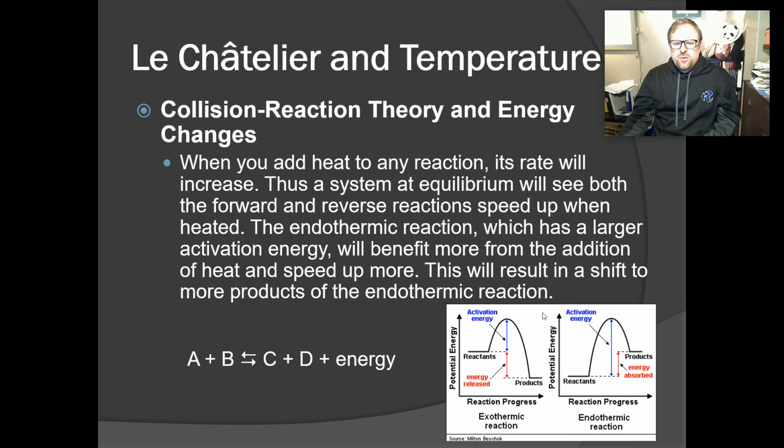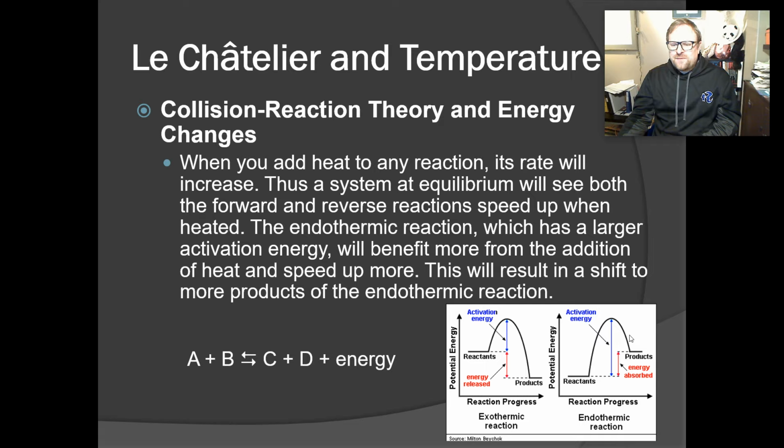So the endothermic reaction, which has a larger activation energy, is going to benefit more from the addition of heat, and it's going to speed up more, right? So what it's going to mean is that when we add more energy, the endothermic side of the reaction, whichever side that is, is going to use that energy and run in the opposite direction, right?